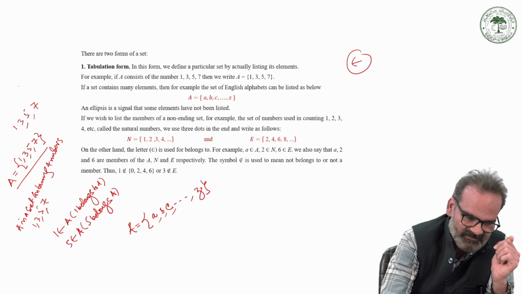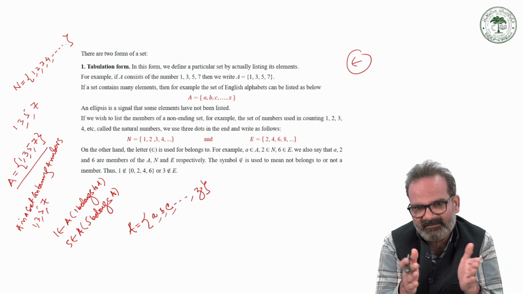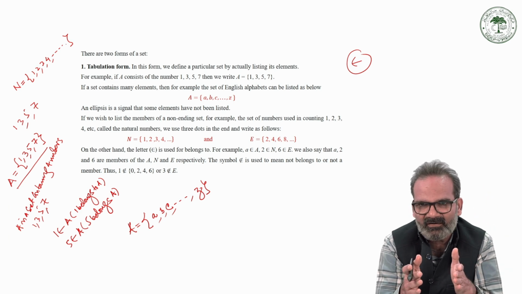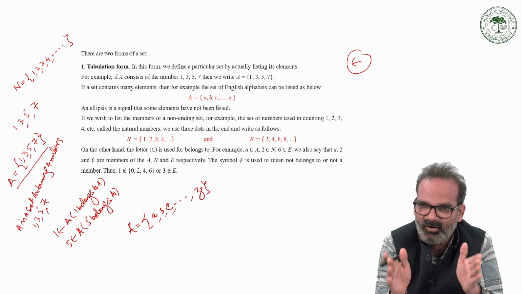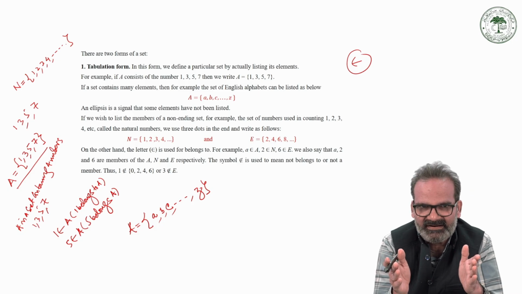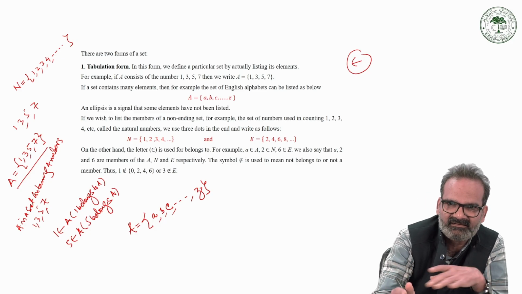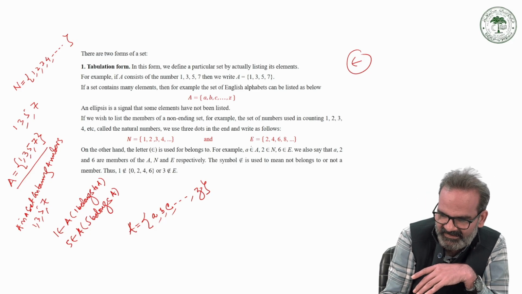N is the set of natural numbers, say 1, 2, 3, 4, and then we use these dots because its elements are not ending. They are non-terminating. So for any set in which the number of elements is non-terminating, we use these three dots and then leave it as it is. Likewise, this E is equal to 2, 4, 6, 8.